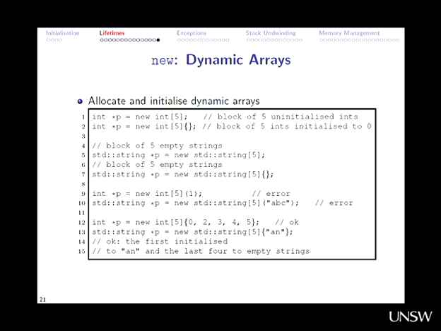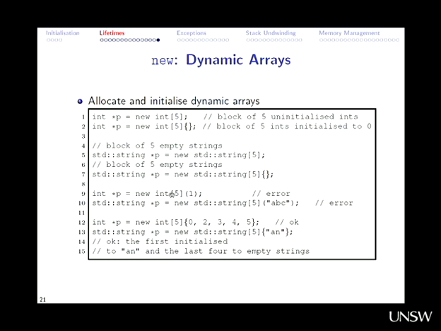The next line initializes all of them to 0. So that call bracing is important. Here's a block of 5 empty strings. Because this is an object, not a primitive type, the constructor gets called automatically. So this next line is the same as the one above.